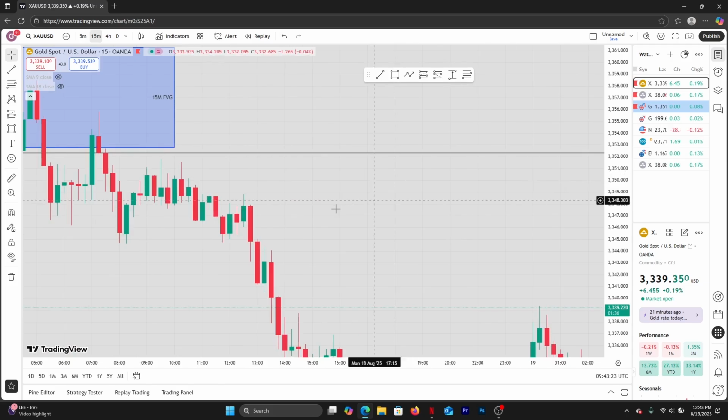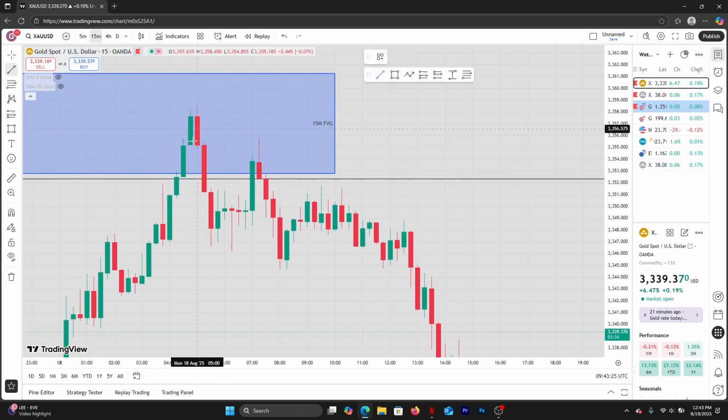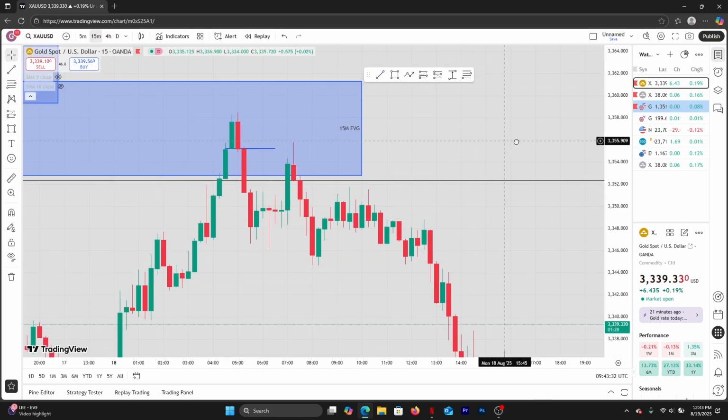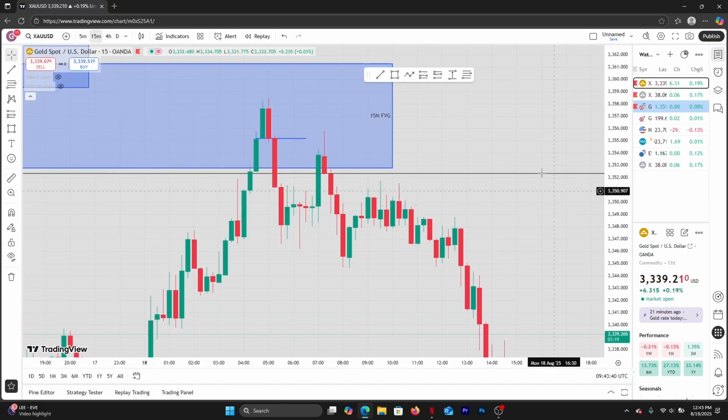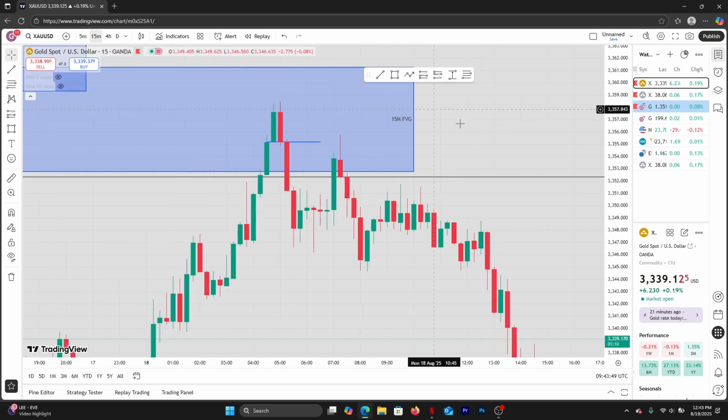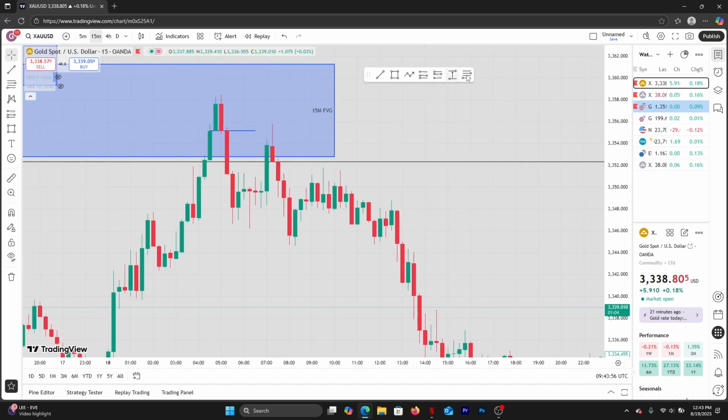So what you notice is this bullish candle inside this fair value gap does not have a wick, right? And then another thing is we had a very strong bearish move to the downside, giving us a one candle change in state of delivery, and that also gives us a dealing range where we expect to take an entry from.